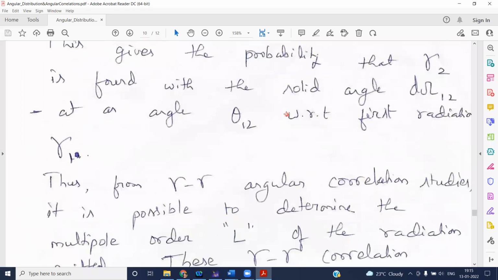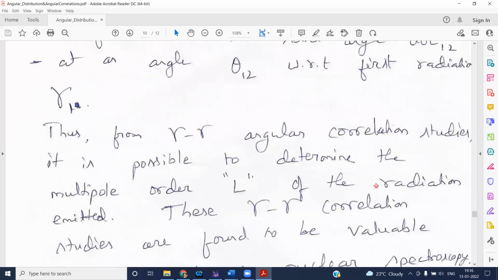What is a gamma-gamma correlation study? One gamma ray is fixed as a reference. The second gamma ray's angular correlation tells me what the L value of the second gamma ray is. At least if one is used as a reference gamma ray, its direction is fixed to be the z-axis. Then the second gamma ray will give you the angular correlation.